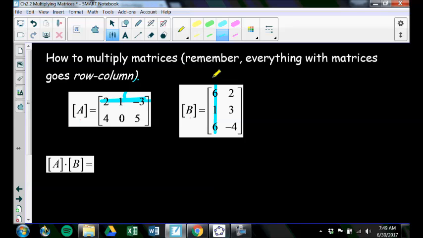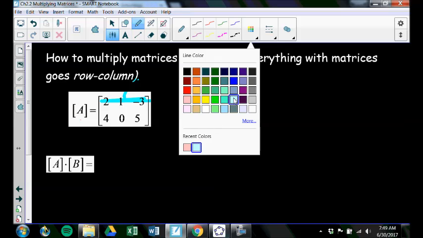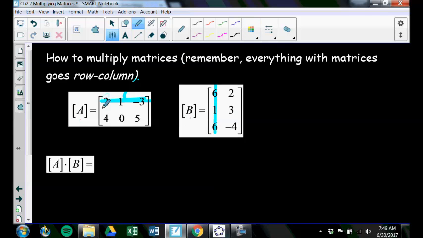So what ends up happening is I'm going to switch back and forth between pen types a lot here, so be patient, please. 2 times 6 is 12. 1 times 1 is 1. Negative 3 times 6 is negative 18.